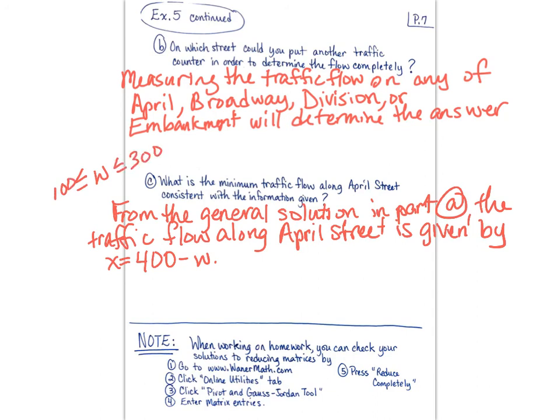It has to be between 100 and 300 because those are the cars that are flowing. It's the traffic flow.